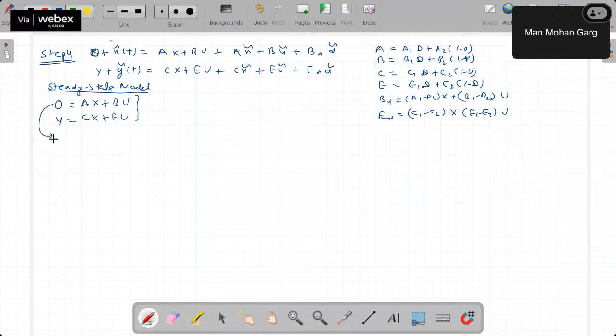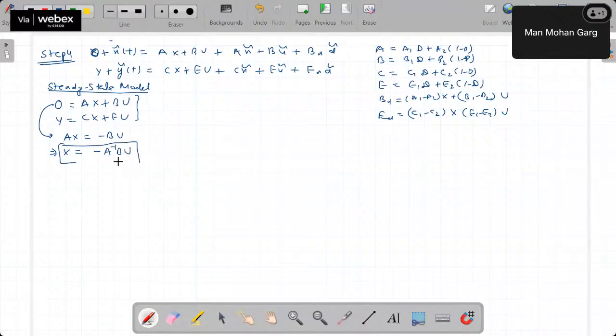If I solve this, A x is equal to minus B u. If I pre-multiply A inverse on both sides, A inverse into A becomes the unit matrix, and multiplying that with x gives x only. So x is equal to minus A inverse B u.